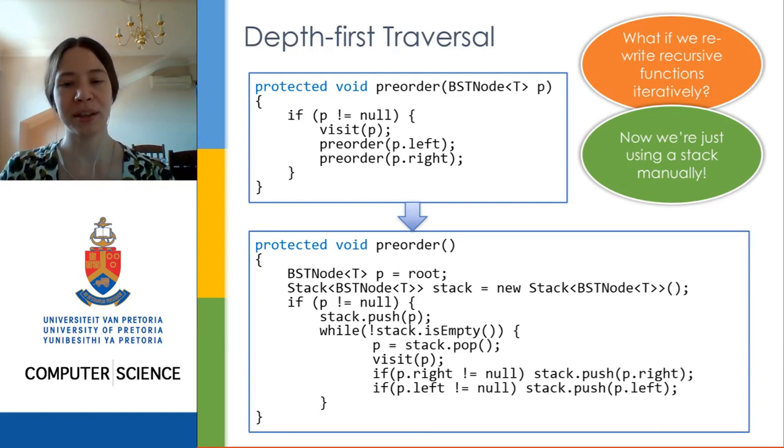And also, we do not really gain much memory-wise because we are actually still using a stack. It's just that instead of using a system stack, we are now happily using an explicit stack that we have declared ourselves. So really, this doesn't make the function any more memory efficient.